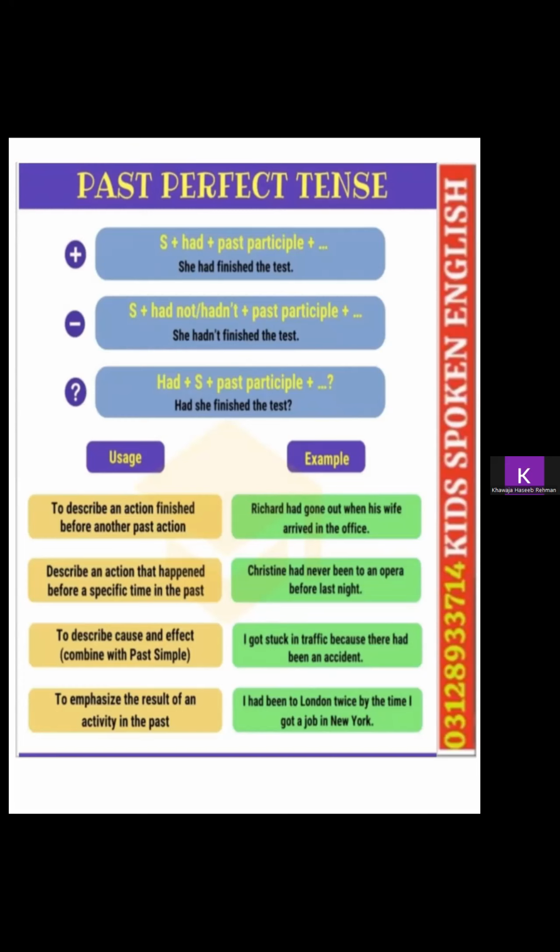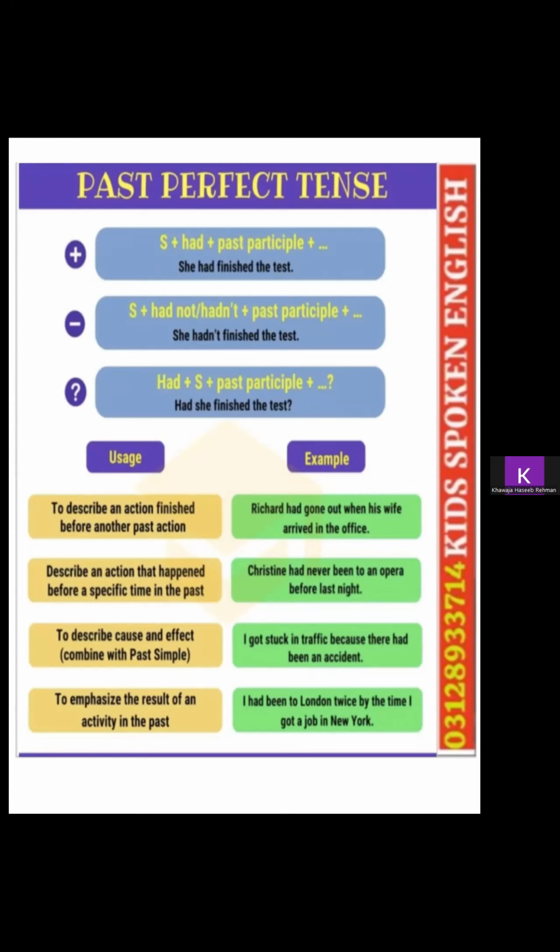Yes, Asim. मैम ये हेड का क्या मतलब है? Yes, had helping verb है. Have की second present perfect tense में हम helping verb use कर रहे थे have, और हम past perfect tense में उसका past use करेंगे. Have का past second form क्या है?